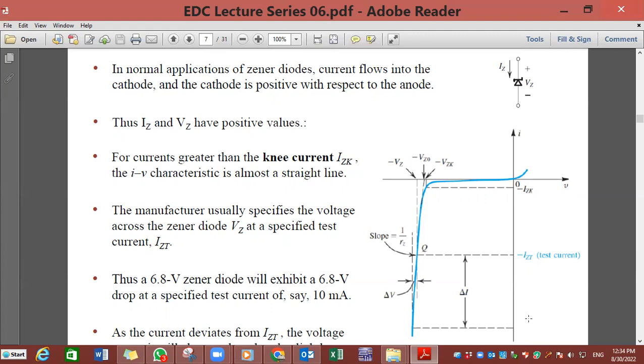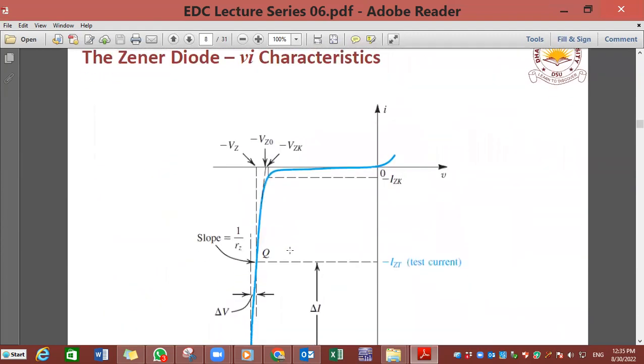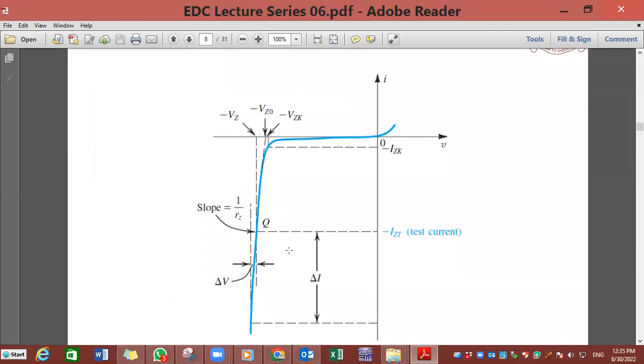So I have emphasized three points: IZK, the minimum current; IZT, the typical or test current; and IZ maximum, which comes from the maximum power rating of the Zener diode.